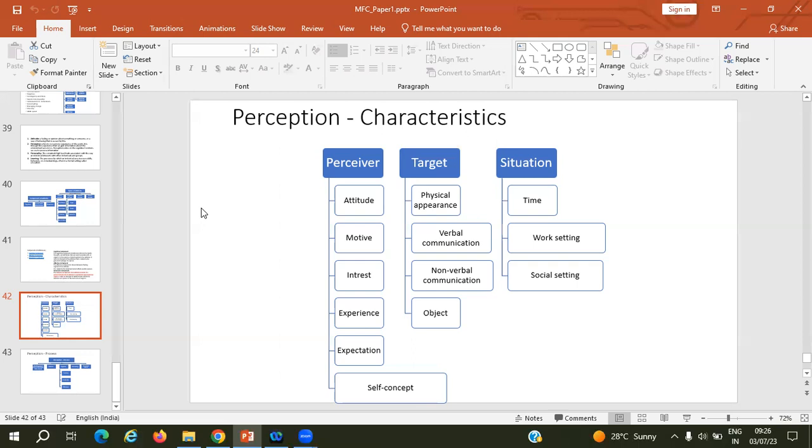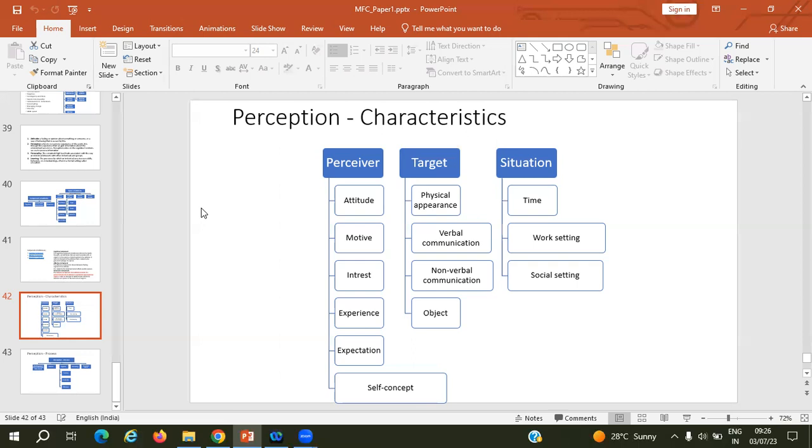Experience. Suppose you have a lot of experience in Zoom classes, or you are very new. Your perception is different when you are new or when you are experienced.